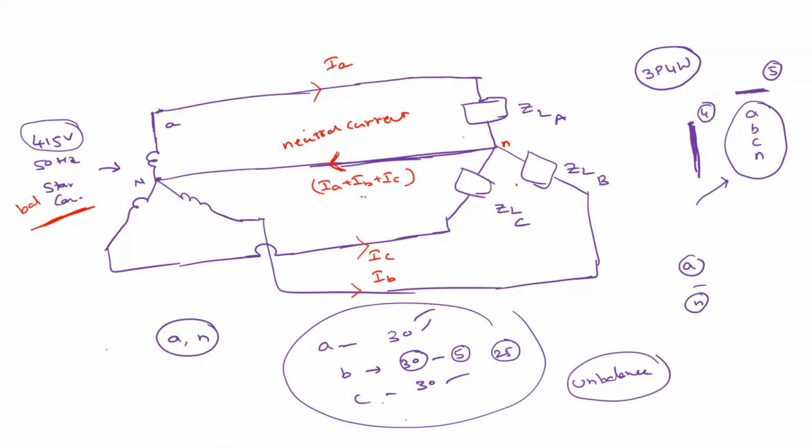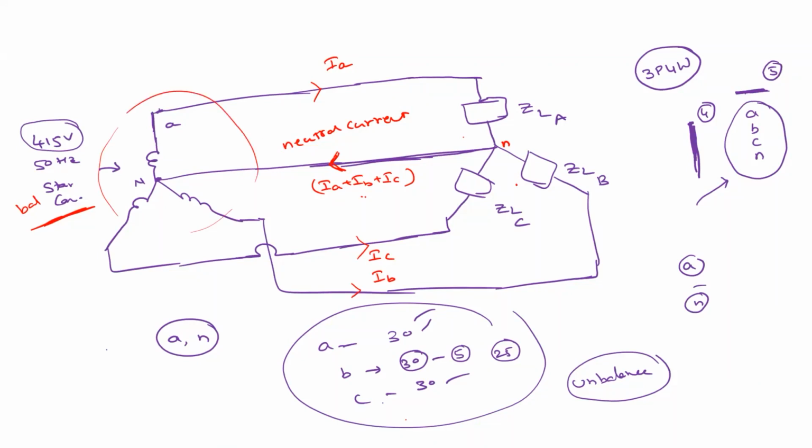So this is the neutral current. When will the neutral current exist? When the load is unbalanced, or if the source itself is unbalanced.